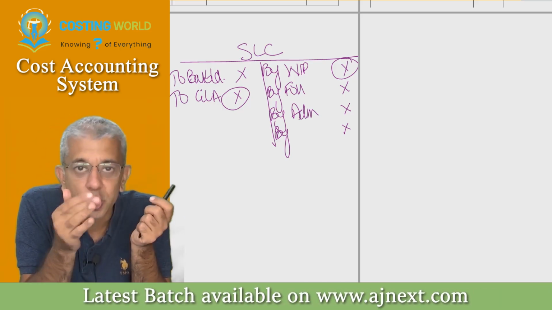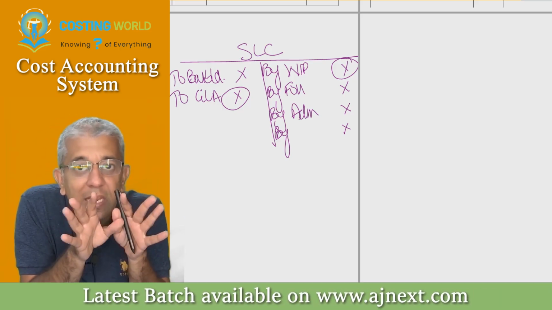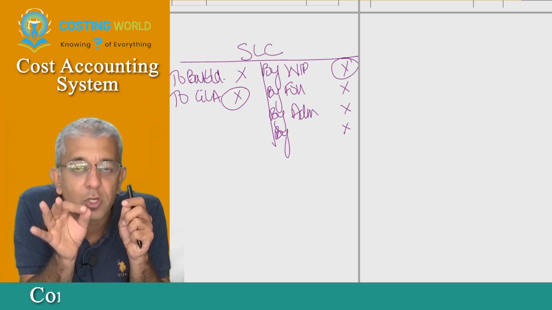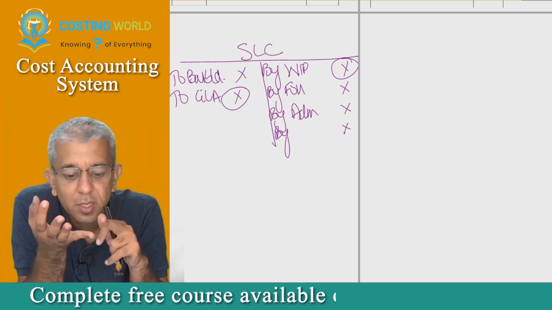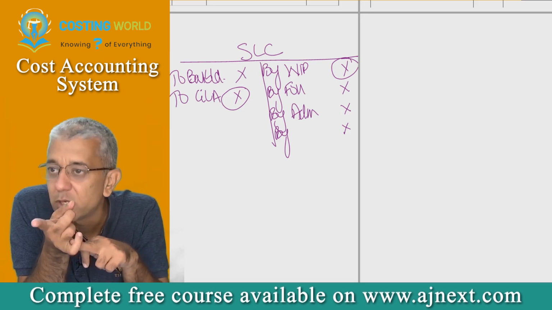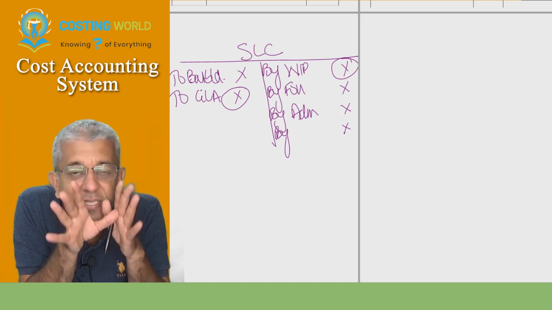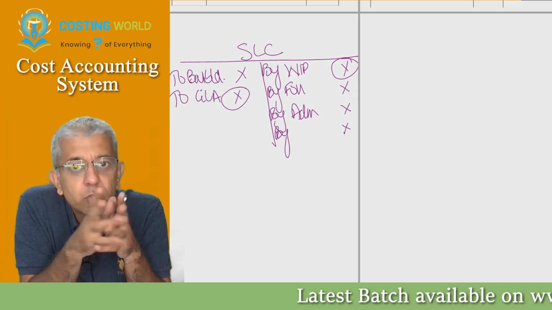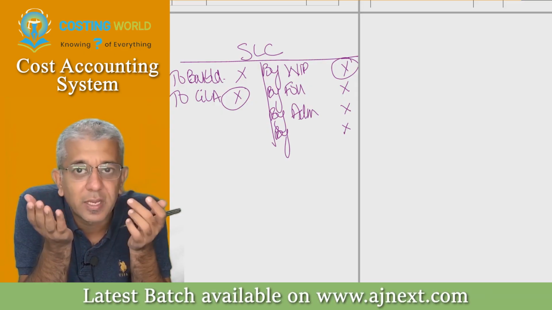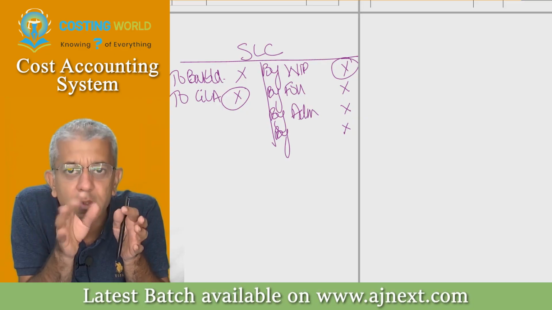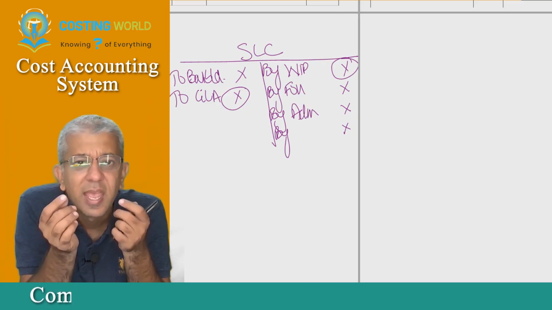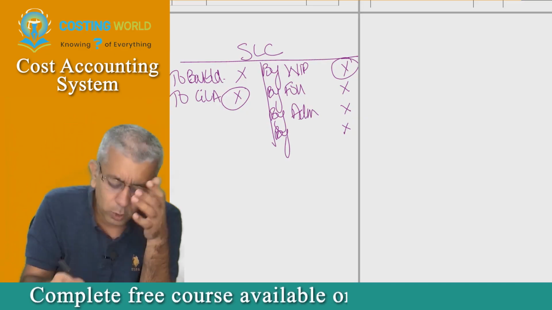In showrooms also, there will be cleaning material that will be required. Any cost of the showrooms is S&D cost, no? Salary paid to those people who are sitting in the showroom, the salesmen, saleswomen, will be S&D cost, no? So therefore, the cleaning material, the rent of the showroom, all those things will be the S&D. Any cleaning that is incurred for showroom will also be part of S&D.